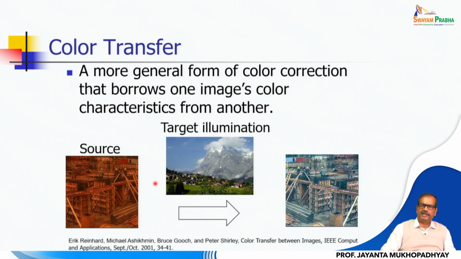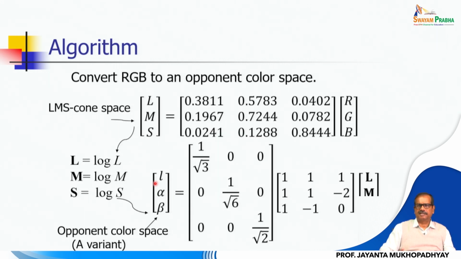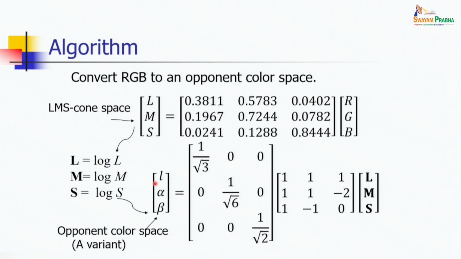So, how have we computed this? There is one algorithm. I will simply describe it without going much into the details of its principle, but it can be understood very easily. We are separating out the luminance part and the chrominance part, and then processing the chrominance part.